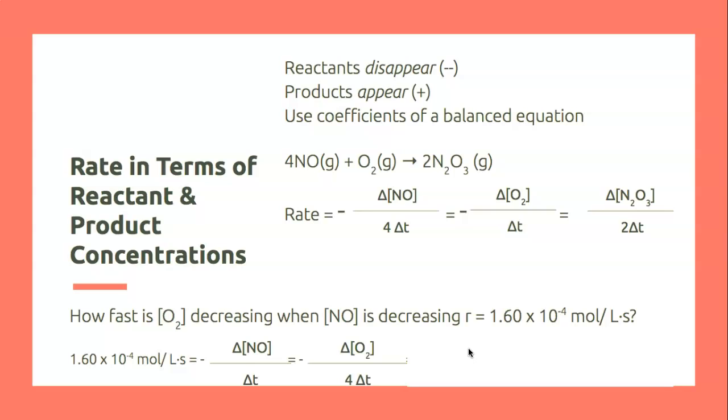Then we can shuffle our numbers and everything around, and we find that the disappearance of oxygen will be 4.0 times 10 to the negative fifth moles per liter times seconds.